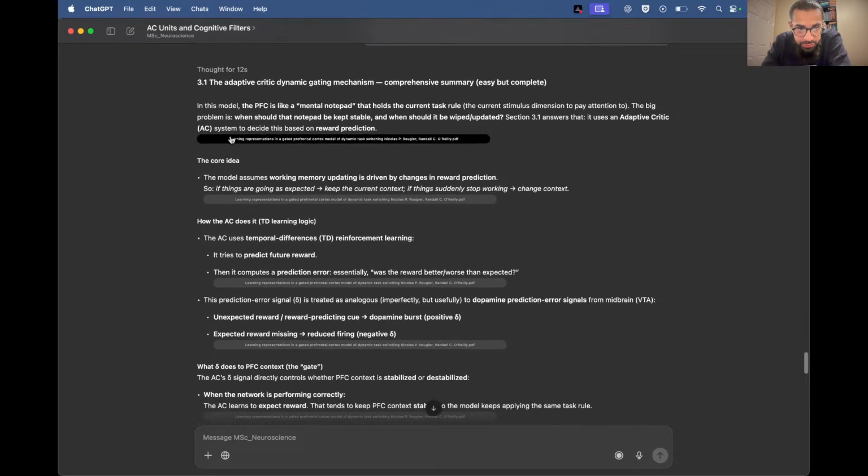The big problem is when should that notepad be kept stable and when should it be wiped or updated? Section 3.1: it uses a critic system to decide this based on prediction.